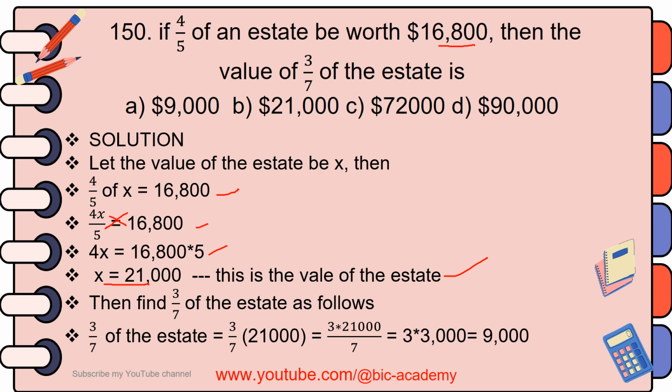It can also be written as 3 times 21,000 over 7. 21,000 can be divided by 7 and it is 3,000. Then 3 times 3,000, and you get at last 9,000. So 3/7 of the estate is 9,000, and your answer for this question is choice A.